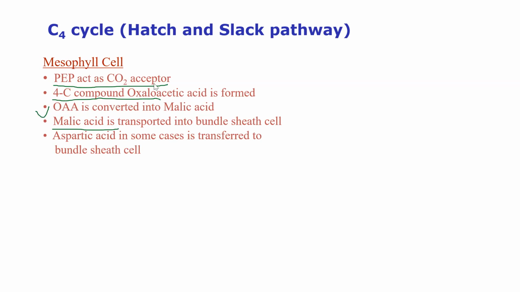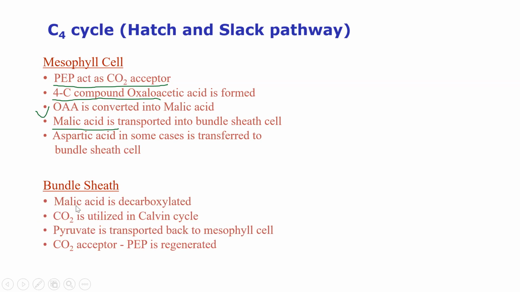So that is the reaction that is going to occur in the mesophyll cell. Similarly, in the bundle sheath cell, malic acid is decarboxylated. CO2 is utilized in the Calvin cycle. Pyruvate goes back to the mesophyll, and the CO2 acceptor PEP is regenerated. So this is written, what we have just seen. Please note it.